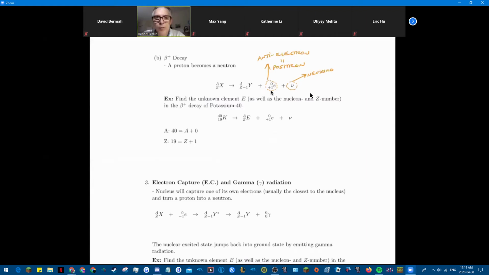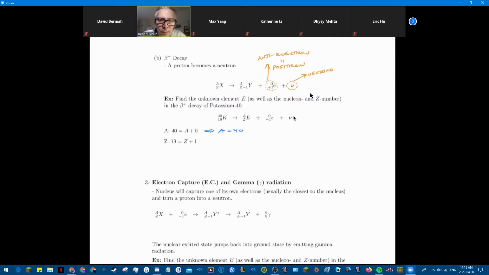So let's do this one here. Find the unknown elements in the beta plus decay of potassium-40. Once again, the A number doesn't change because you go from a nucleon to a nucleon, so that's going to be A equals 40. And the Z number, conservation of charge: you have 19, which must be equal to Z plus 1.